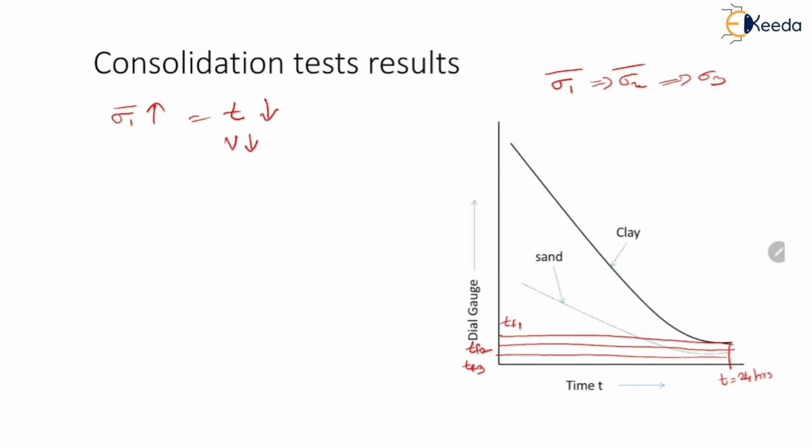This decrease in volume is represented as change in void ratio, and we have already discussed how to determine the change in void ratio. So there are two methods we have discussed, which is height of solids and change in void ratio method.